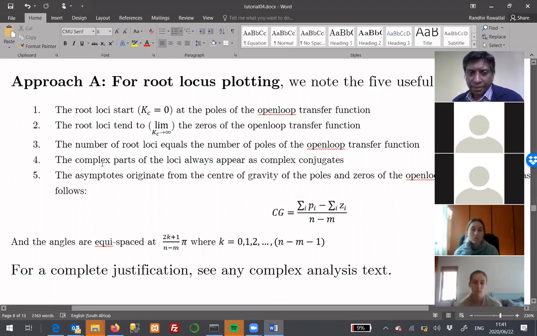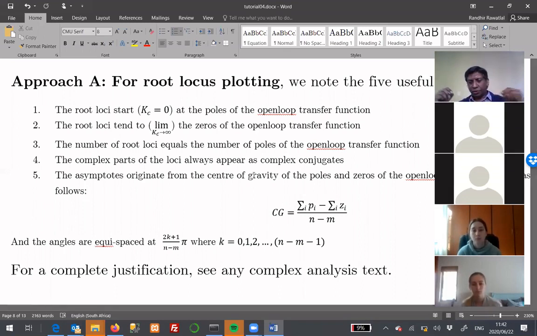You always get complex conjugates, so your roots always show up as complex conjugates. And then there exists a so-called center of gravity. If you look at your roots, there will be a point you can identify, and your roots kind of radiate around that point.